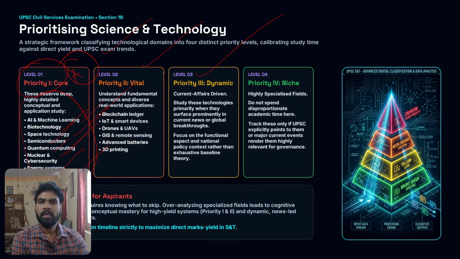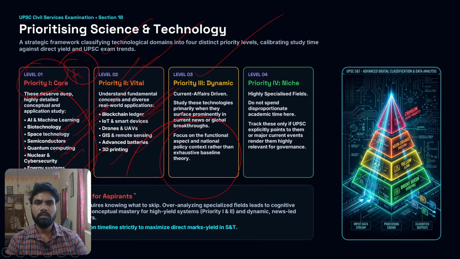Then priority level 2 also has some other topics, like blockchain ledger, internet of things, IoT and smart devices, drones and UAVs, unmanned aerial vehicles, GIS and remote sensing, advanced batteries, 3D printing, etc. Then a third list is also there. For priority 3, you have to focus on the functional aspect and the national policy context of these topics.